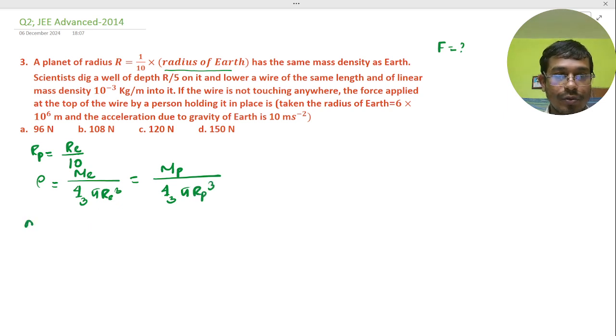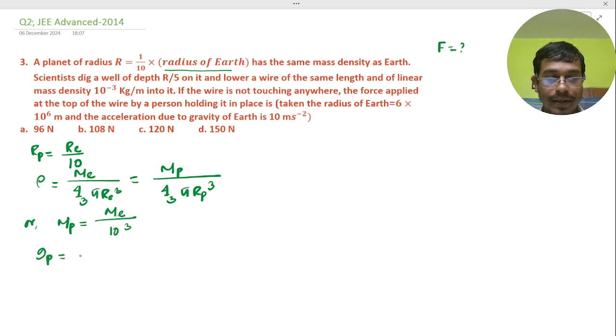So here we get that M planet becomes M earth by 10 cube. So we have the formula g of planet equals GM by r square.